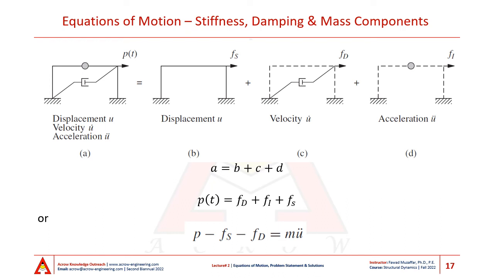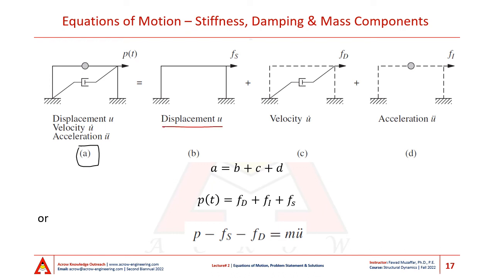So, for this system, let us consider the frame that we have been considering for the past two formulations. And our frame element is shown in figure A, and this is then broken down into three subcomponents.